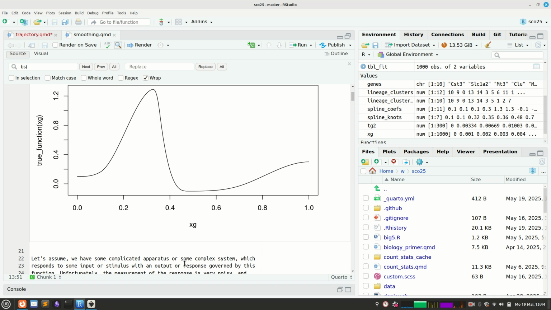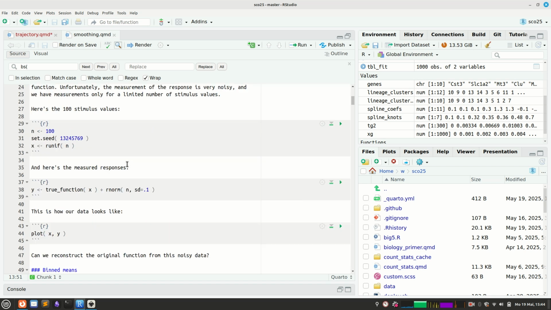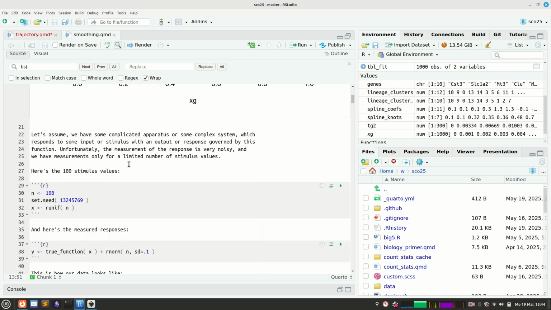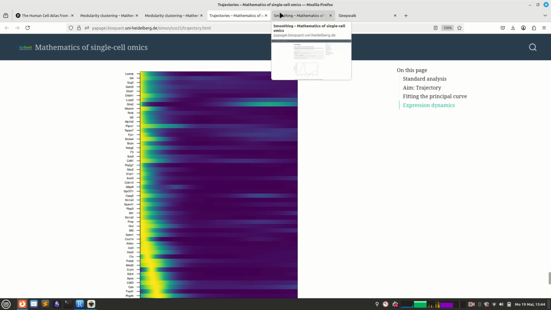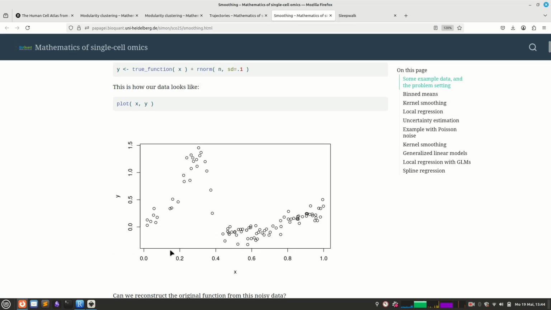And we imagine that we cannot measure the reaction perfectly, but we have a noisy measurement. So when we measure that, what we then get is something like this here. For a given x value, I get not the actual y value that the curve says, but the y value plus some added noise.